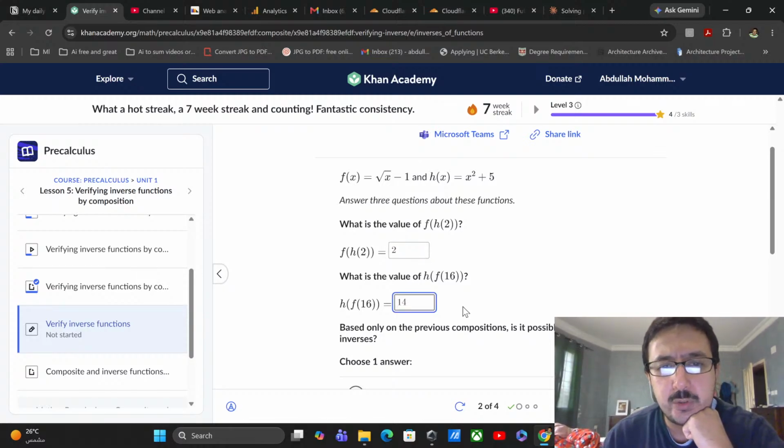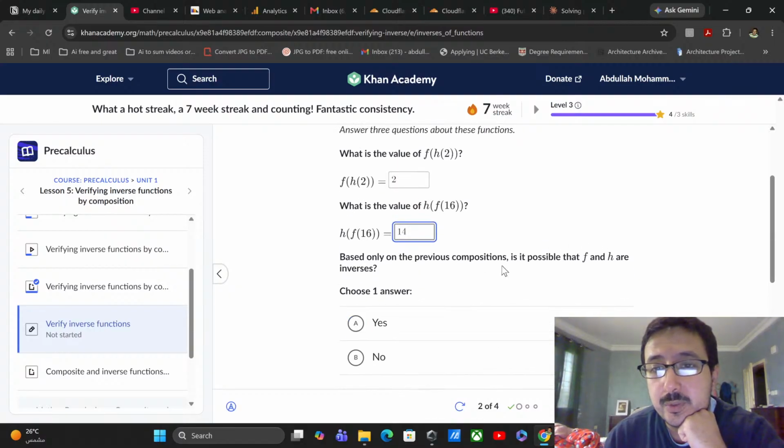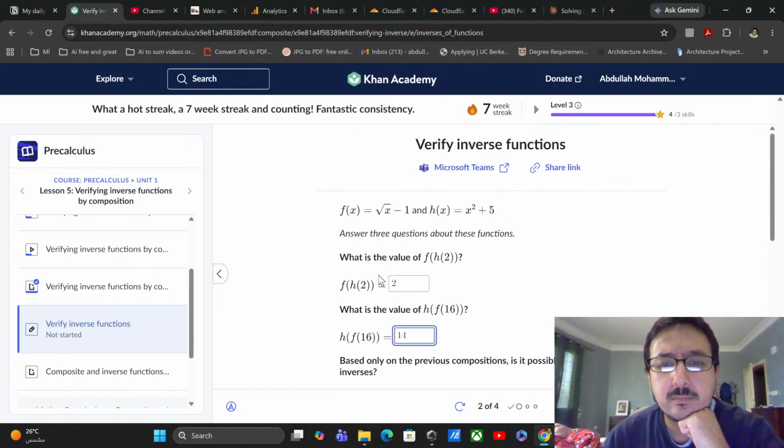14. Let's go, 14. So based on the previous compositions, is it possible that f and h are inverses? Because of the minus, we'd say no. You know why? What did we take? 16.